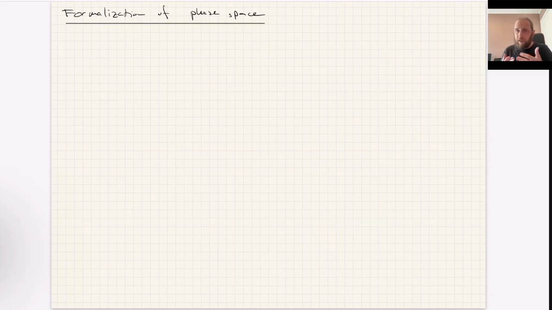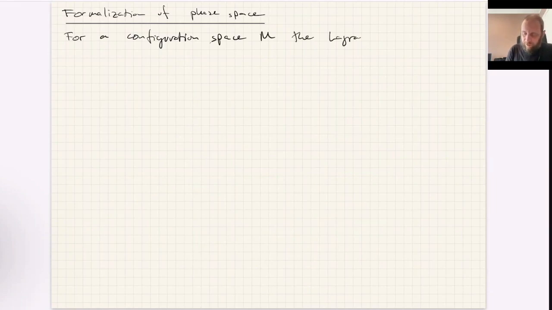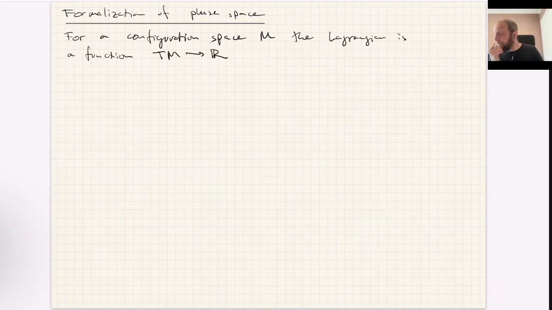If you have the configuration space, for a configuration space, M, the Lagrangian was a function from the tangent bundle of M to real numbers, right? Where the tangent bundle was the union of all tangent spaces of the configuration space.